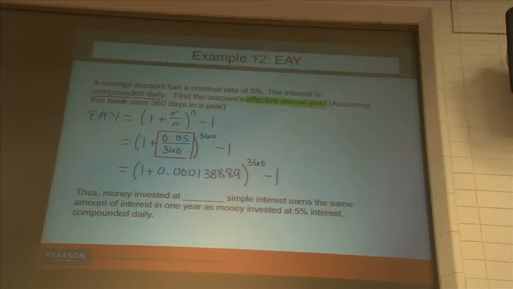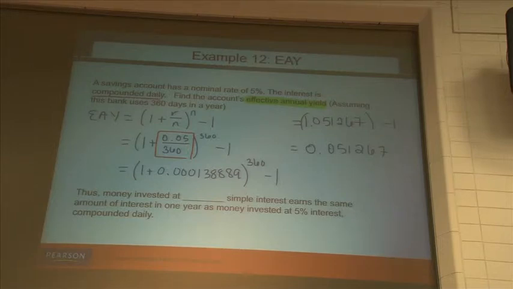You should end up with, let's see, I've got 1.051267, and then minus 1. Which leaves us with 0.05127. That is a decimal.